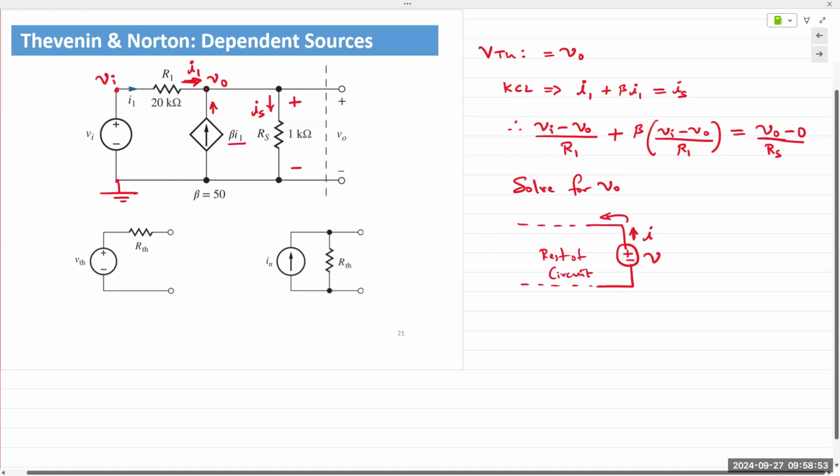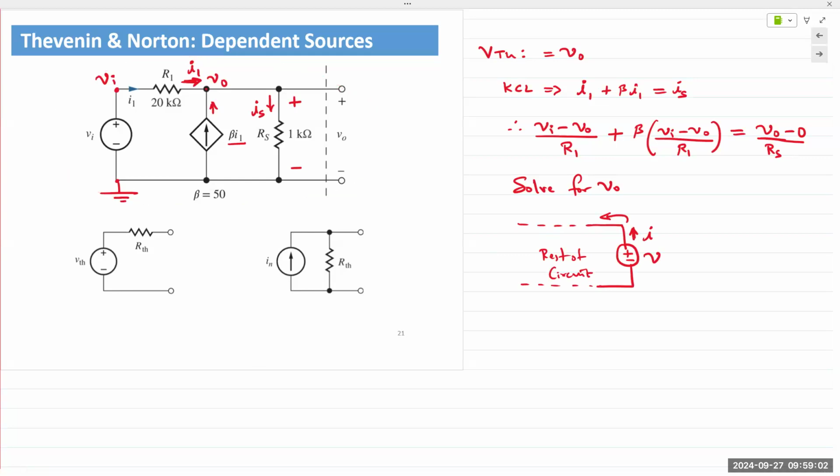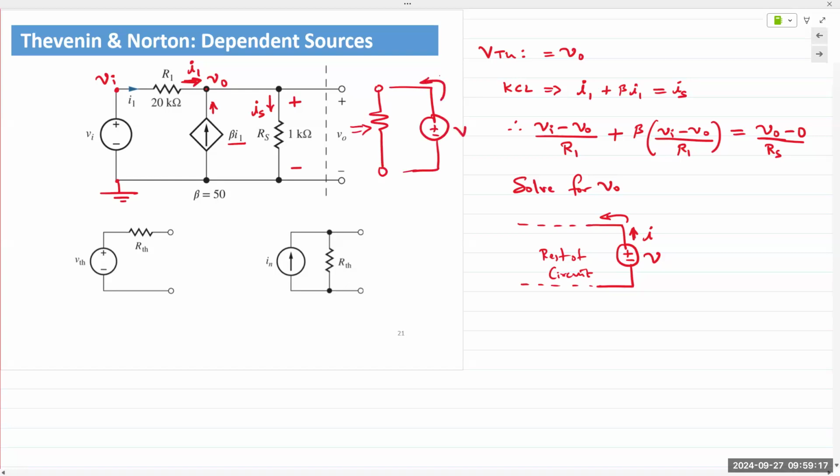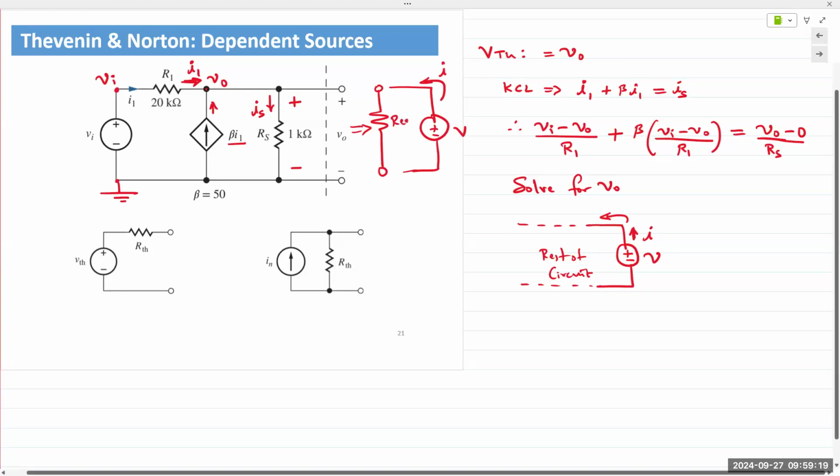So the point is we want to find the Thevenin resistance of this entire circuit. So Thevenin resistance means between these points, this should be equal to a resistor. So if I connect a voltage source to this resistor, V and I, and this is Req, V divided by I should give me Req.